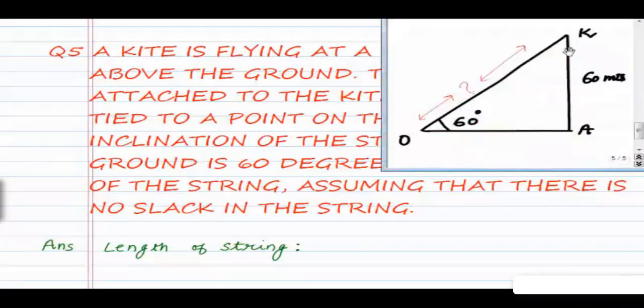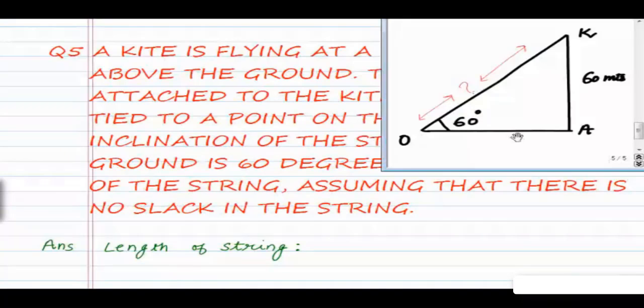Now let us understand our question from the diagram. A kite is being flown here, and the kite is flying at a height of 60 meters above the ground. And this is the string which is being used to fly the kite. The string is being tied to the ground, and the angle which the string is making with the ground is 60 degrees.